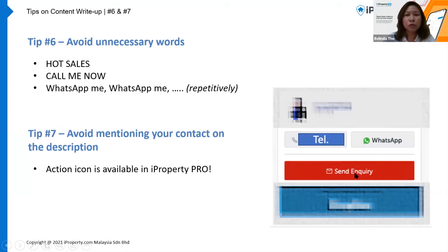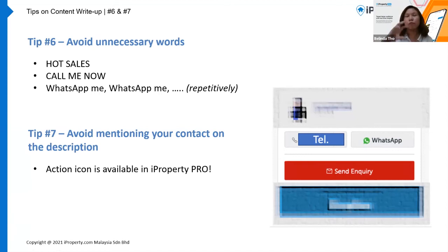These 3 buttons, we from iProperty Pro already prepare for you. The moment your client clicks on any one of these buttons, our tech team behind the scenes will help you collect the data on how many people drop you an inquiry.